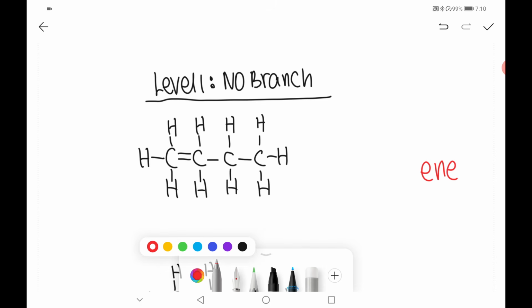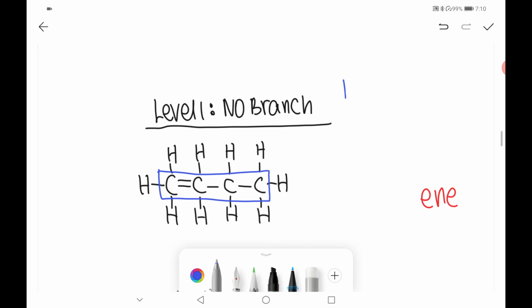After that, we need to find the longest and continuous carbon backbone. In this case, the longest carbon backbone is 4. We have 4 carbon in the longest backbone. So 4 carbon is what?